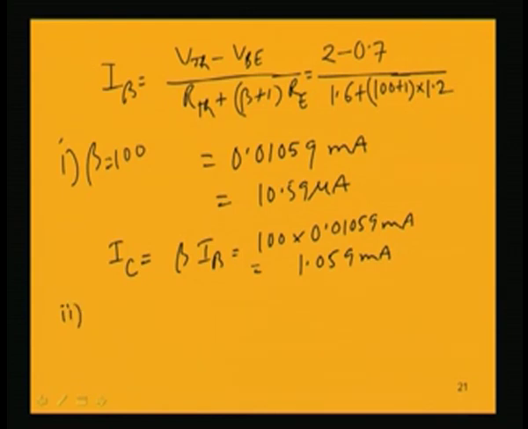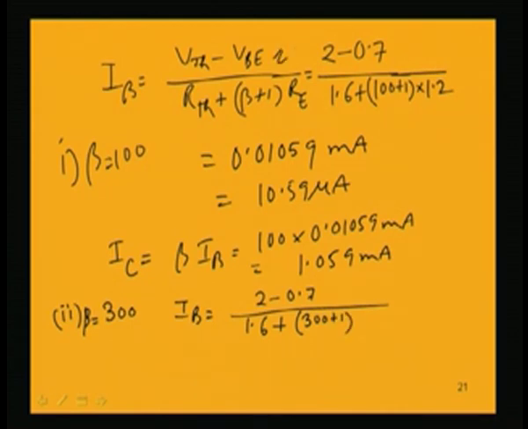Now, second case when beta has risen to 300, let us find out that case. For that case, when beta is equal to 300, IB will be changing. IB value will be 2 minus 0.7, only beta is changing, others are same. So, I write down for that value of beta, 300 plus 1, here I am just substituting.